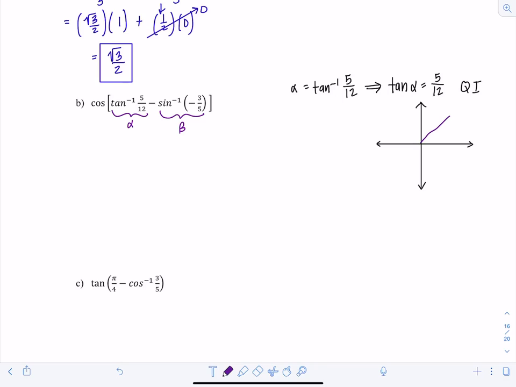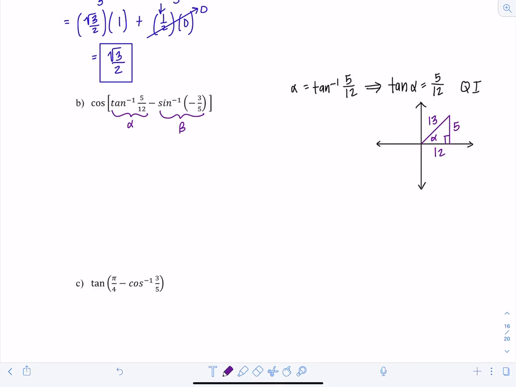An alpha triangle. And label it alpha. And tangent is 5 over 12, so that's going to be opposite over adjacent. Then I know the hypotenuse is 13.